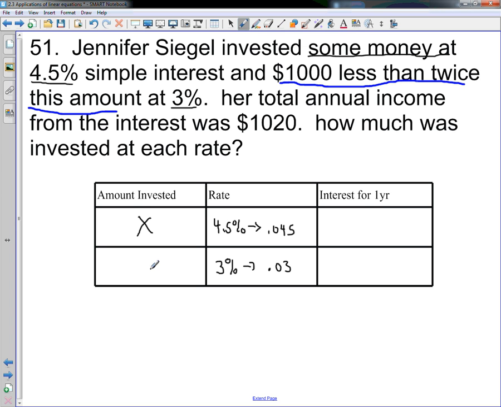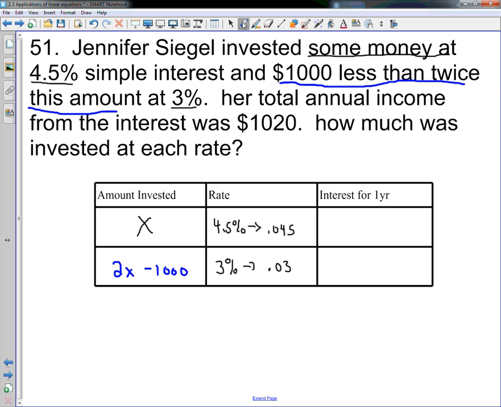So 1,000 less than twice that unknown amount. So we don't know the amount of either one. We just know that the second one here is 1,000 less than twice the other one.